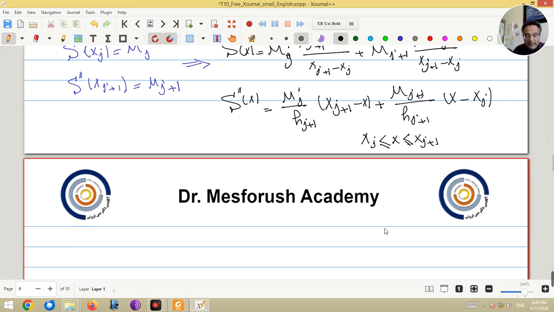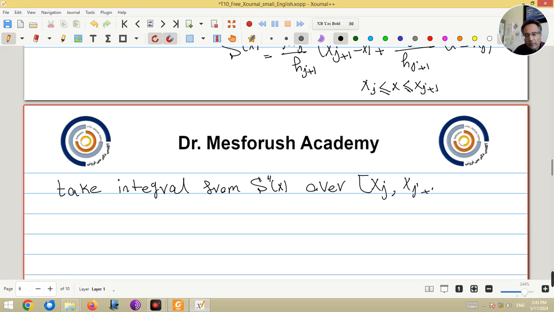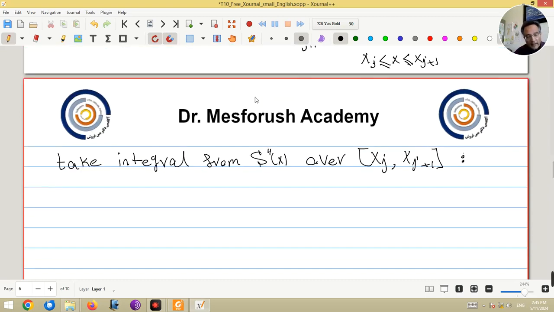Now, take the integral of this function over the interval xj to xj plus 1. The integral of s double prime is s prime of x.